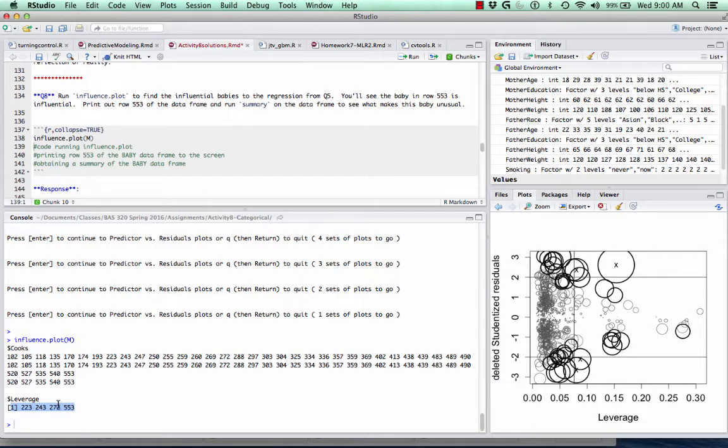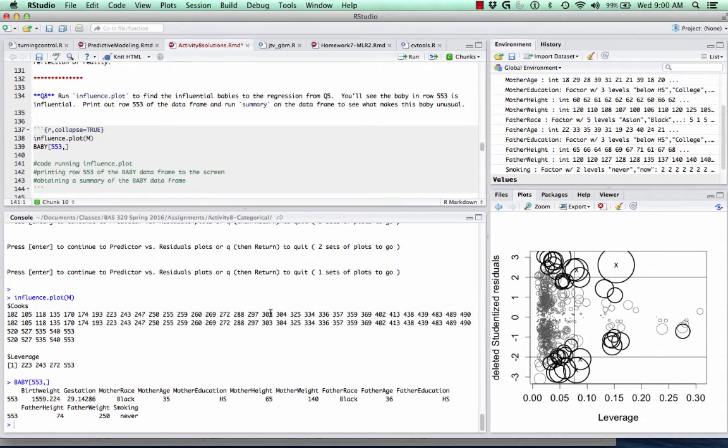All right, now I want you to look at specifically baby 553. So let's look at baby 553 and see if we can determine what makes it unusual. Now, this sometimes works, sometimes doesn't. It could be the case that what makes this baby influential is some really weird combination of predictors, or weird combination of birth weight and predictors here.